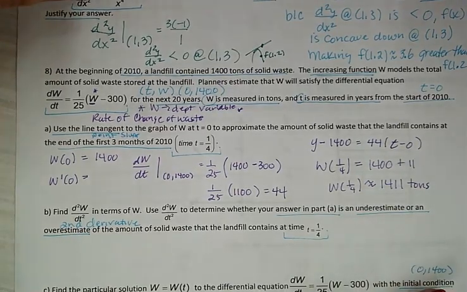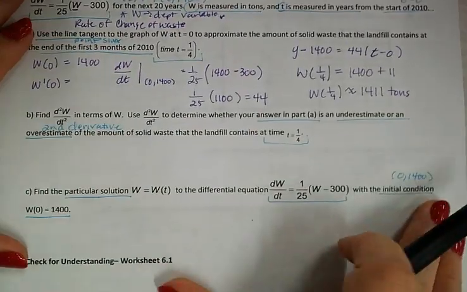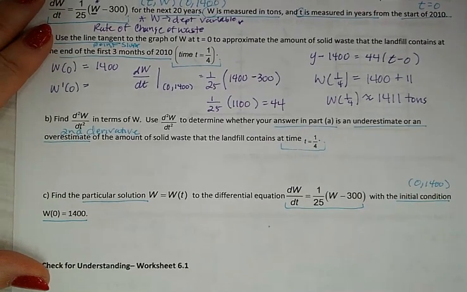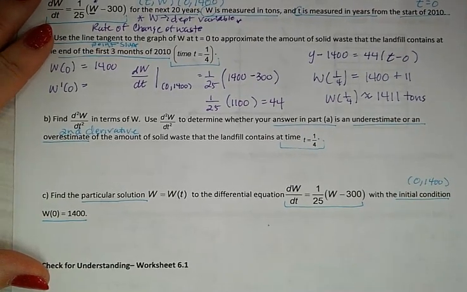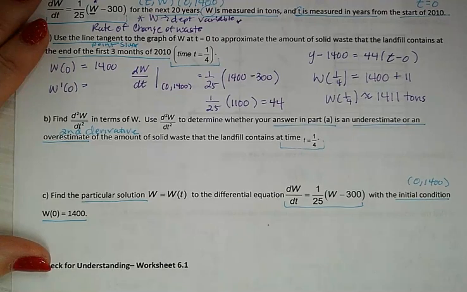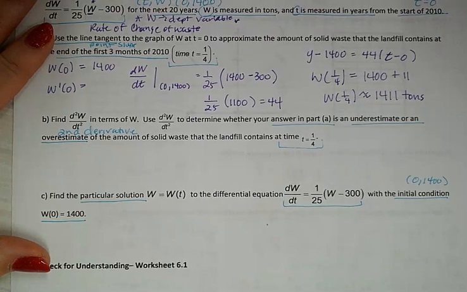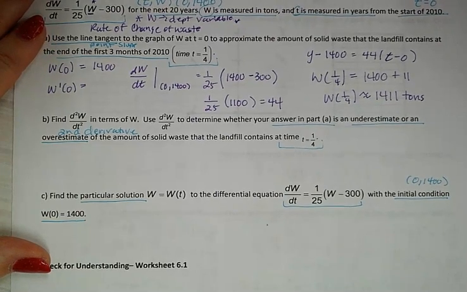All right, so let's move on to part B. On part B, we have a second derivative, and we use the second derivative to determine whether the answer in part A is an underestimate or overestimate. So that means that we need to deal with concavity, being able to tell if it's concave up or concave down based on whether the second derivative at the point we're looking at is positive or negative.